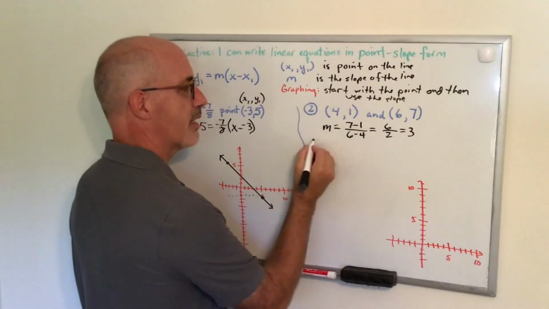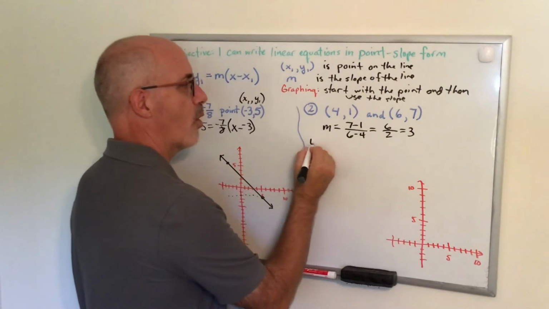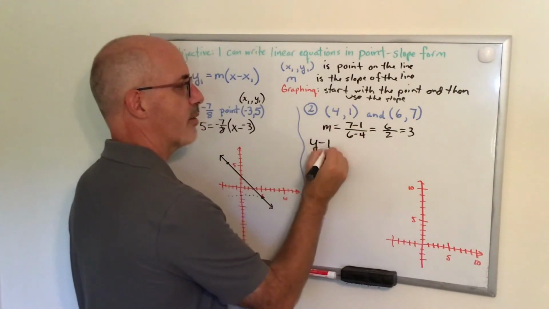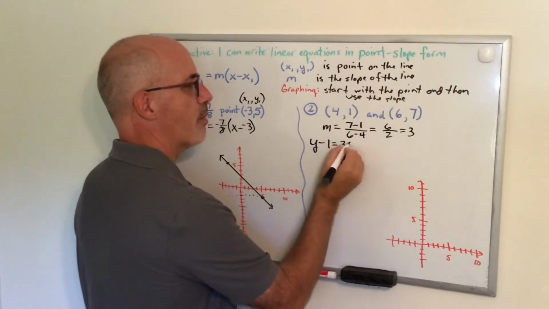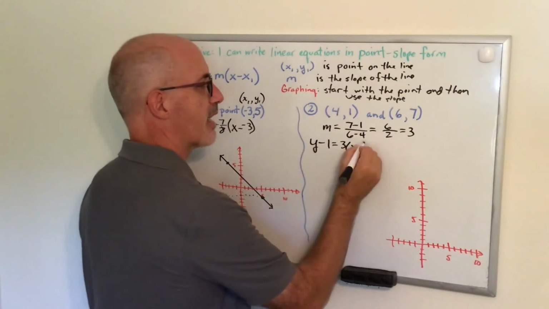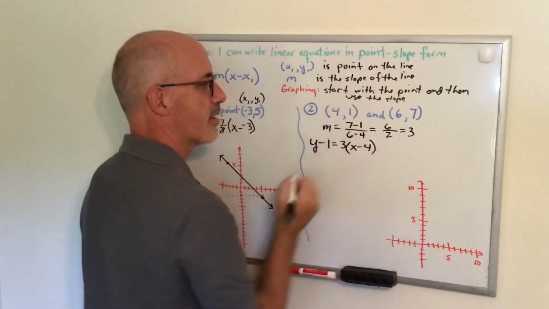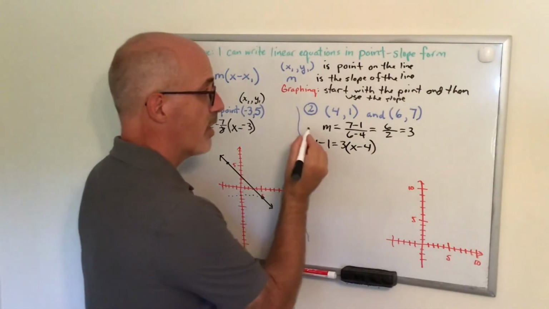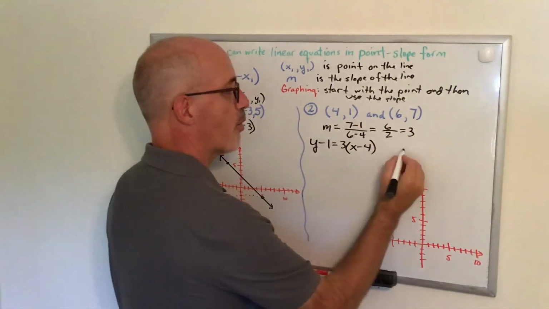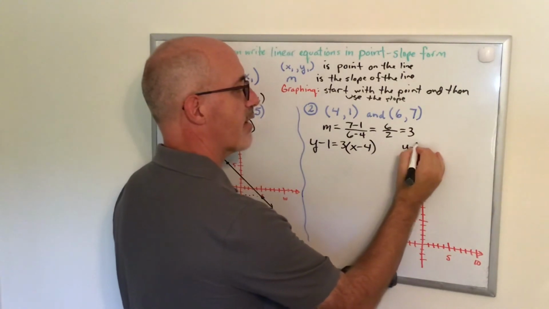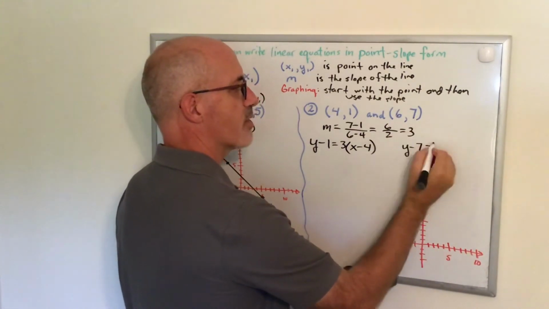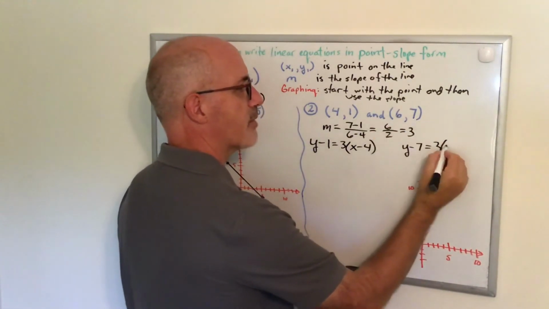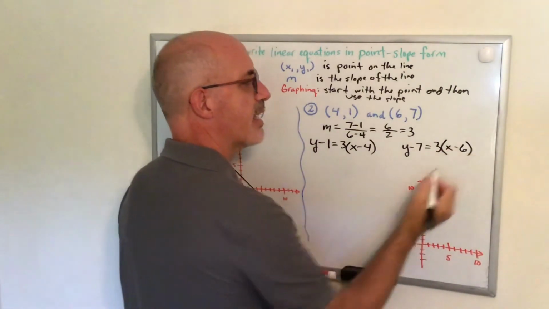This would be in point-slope form: y minus the y value equals the slope times x minus the x value. Okay, so that's the equation in point-slope form. Notice that if I use the other point, I'd have y minus 7 equals the slope, which is still 3, times x minus 6.